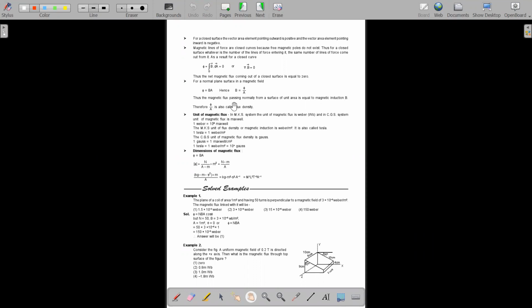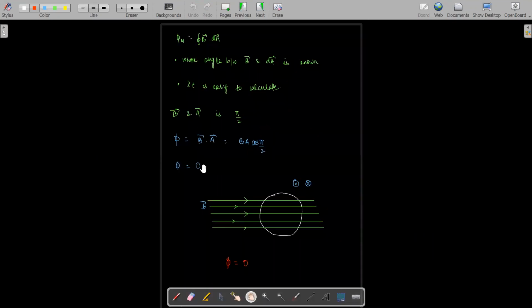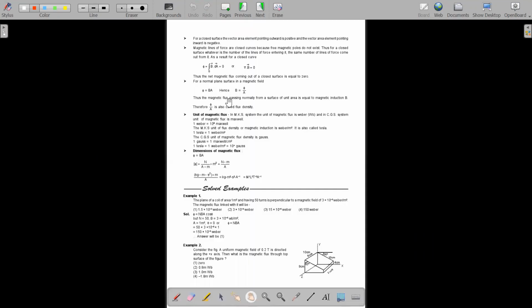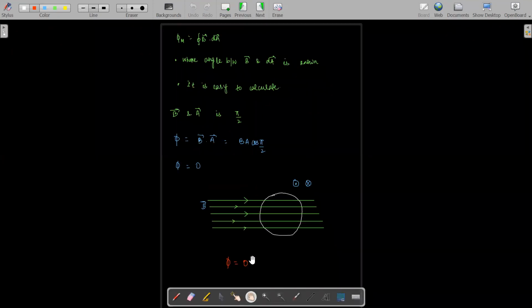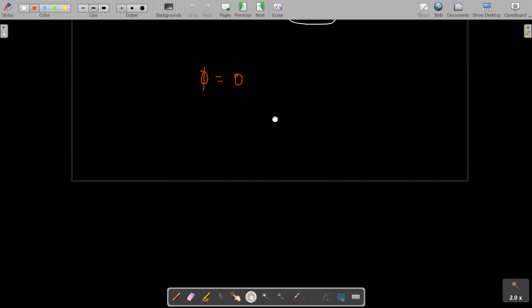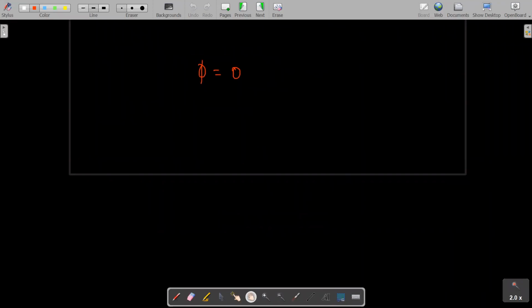And you see, there are a few things, like the unit of magnetic flux. The unit of magnetic flux is Weber. You have already studied in previous classes that the unit of magnetic field is Tesla.